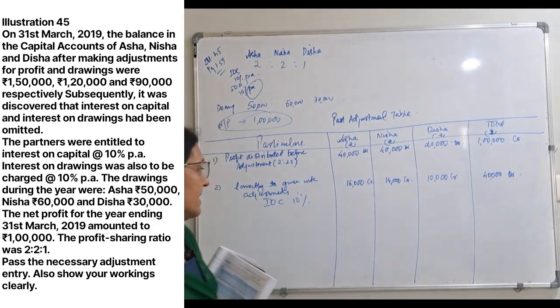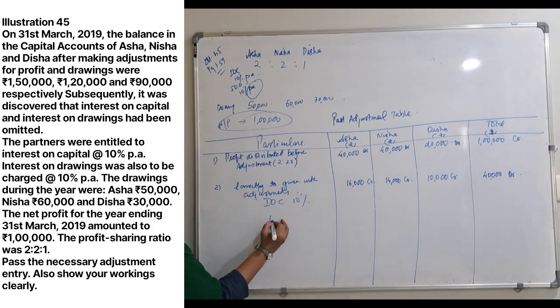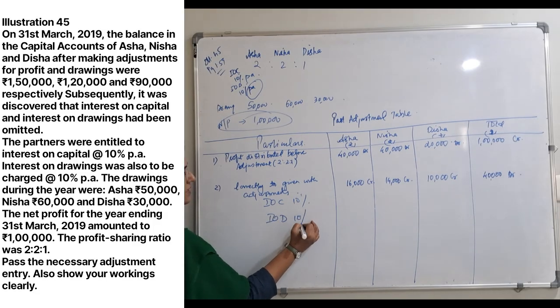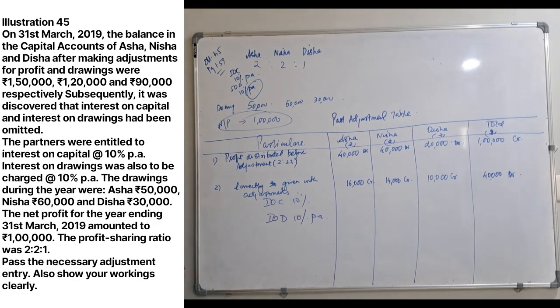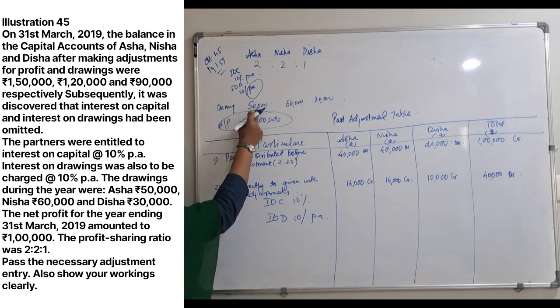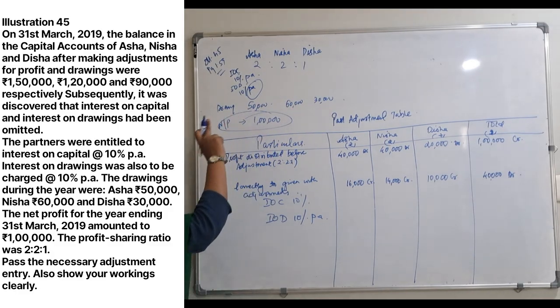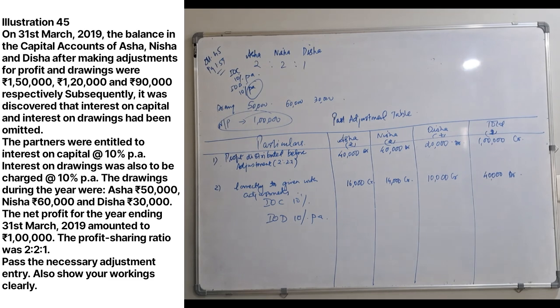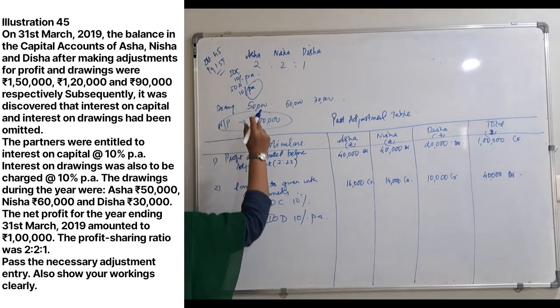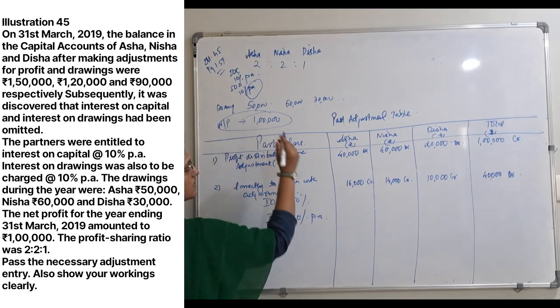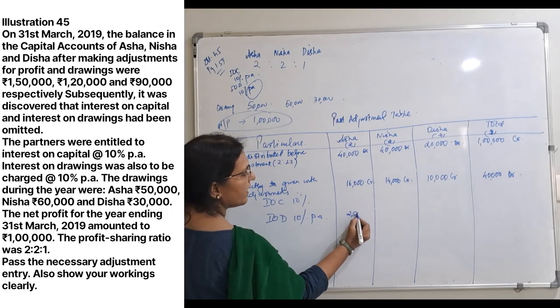Next is interest on drawings. Interest on drawings charged is again 10% per annum. So how much is interest on drawings? 50,000, 60,000, 30,000. So 5,000 is the interest on drawings, but it is per annum. So we will take half of that. Whenever per annum is given, we take according to the average period. So for 5,000, half of this is 2,500.